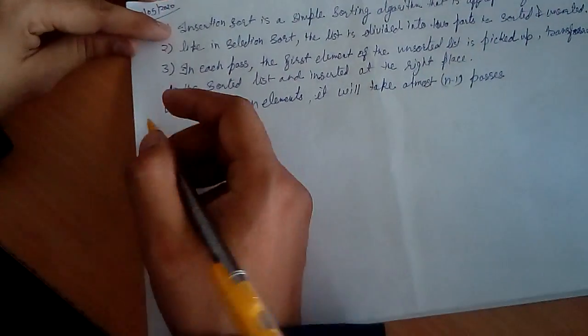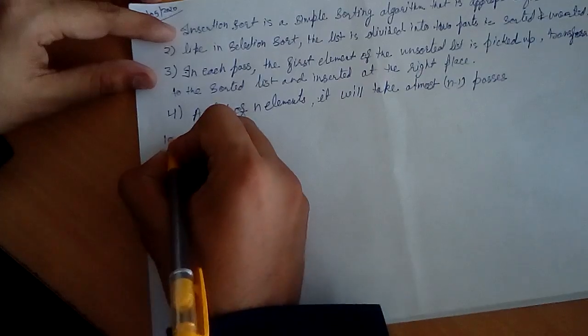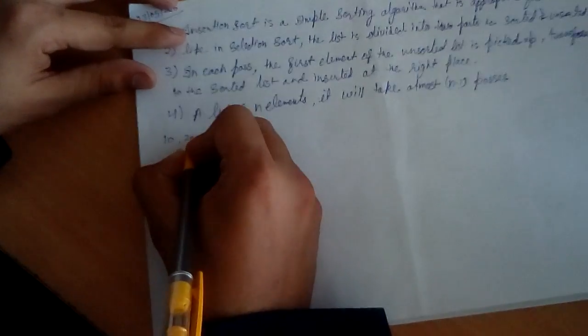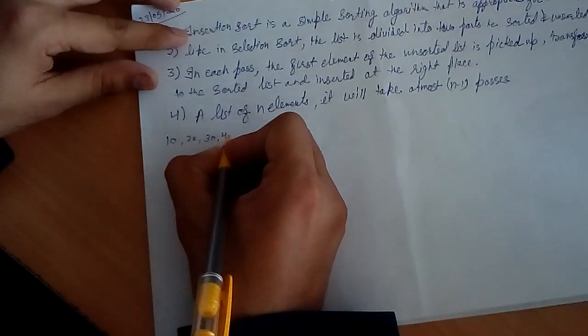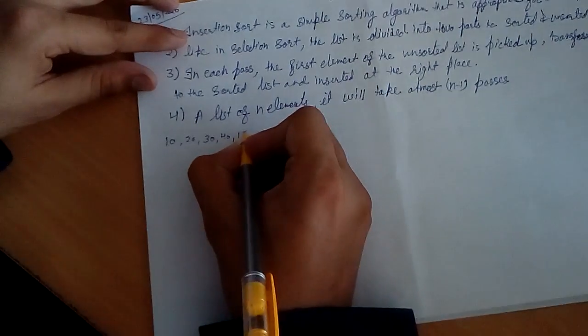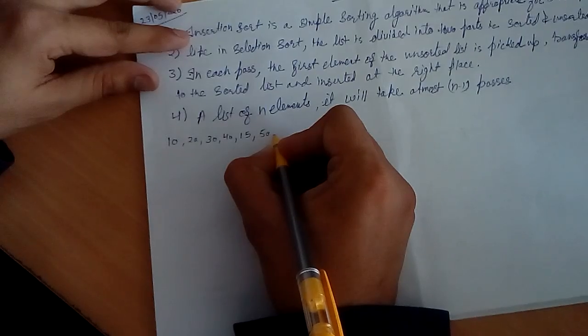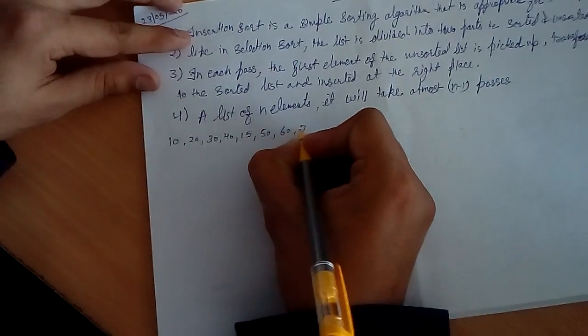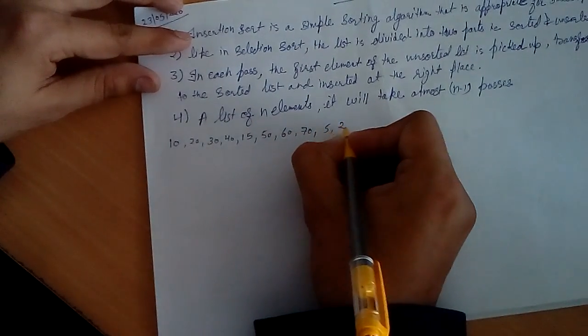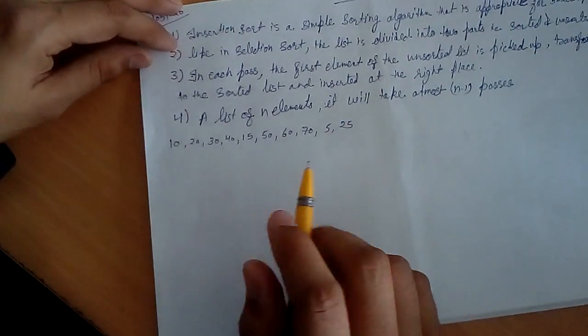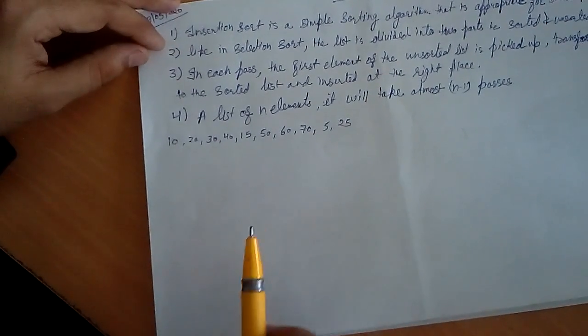So we have an example, this is 10, 20, 30, 40, 15, 50, 60, 70, 5, 25. This is the unsorted list. We want to sort it.